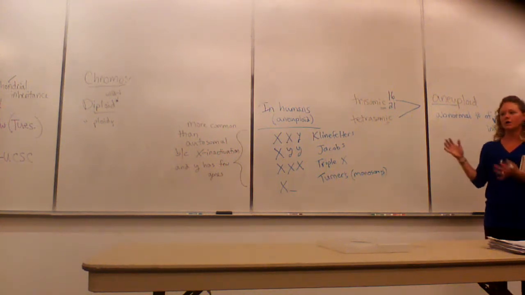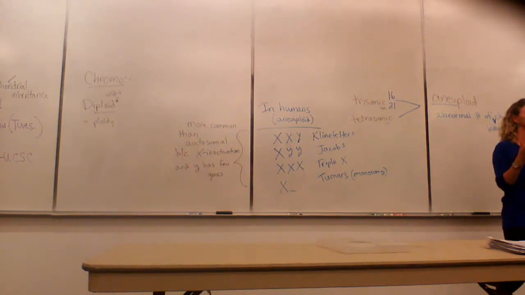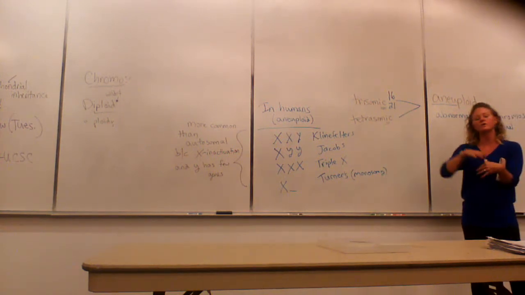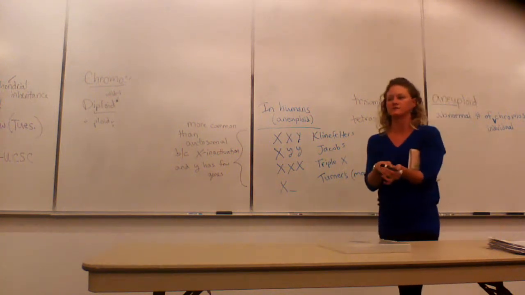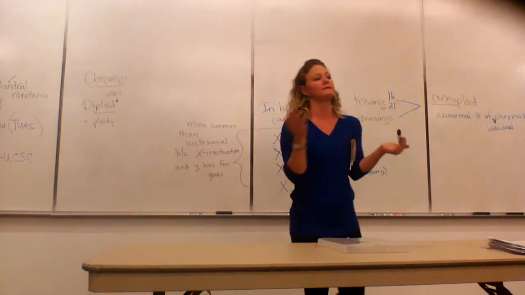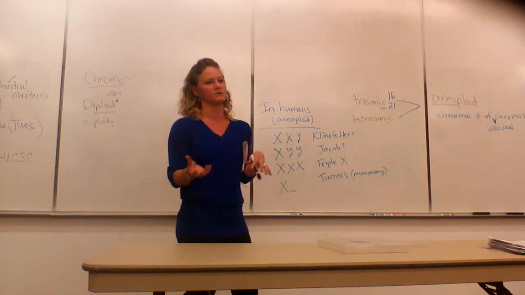Okay. And then all the other really strange chromosomal changes and abnormalities, they don't make it past the first few cell divisions after fertilization. So we wouldn't even see those in the population because it would just show up in the mother as a miscarriage, and that would be the end of it, unless you did further genetic testing to see what was going on with her or with the zygote.